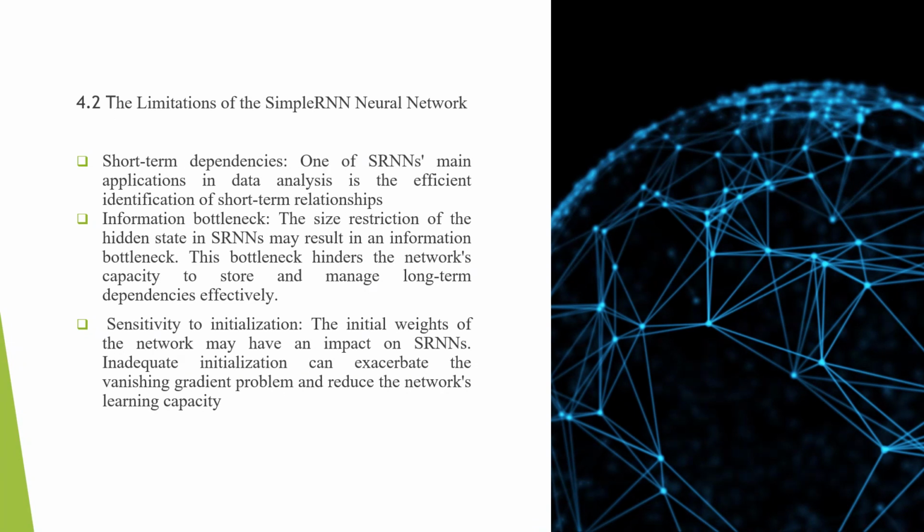Next, sensitivity to initialization. The initial weights of the network may have an impact on SRNN. Inadequate initialization can exacerbate the vanishing gradient problem and reduce the network's learning capacity.